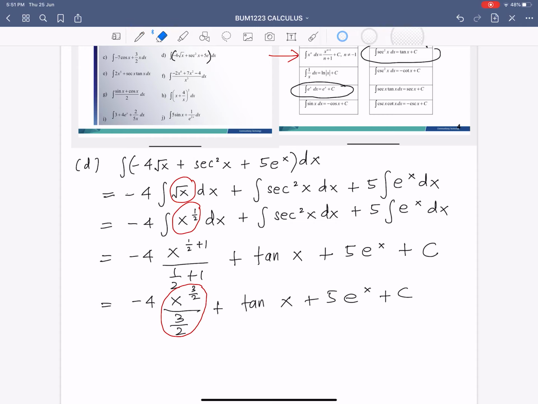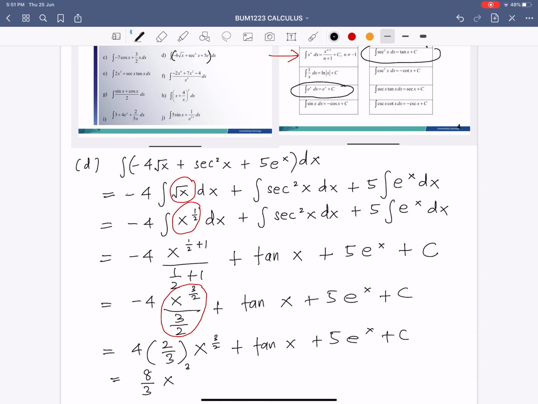We don't want our final answer to have fraction in fraction. So we want to rewrite this as negative 4 times 2 over 3 x power of 3 over 2 plus tangent x plus 5 e power of x plus c, where this equals 8 over 3 x power of 3 over 2 plus tangent x plus 5 e power of x plus c.